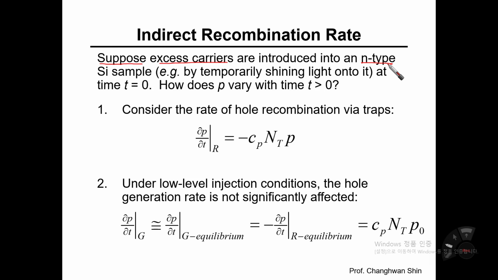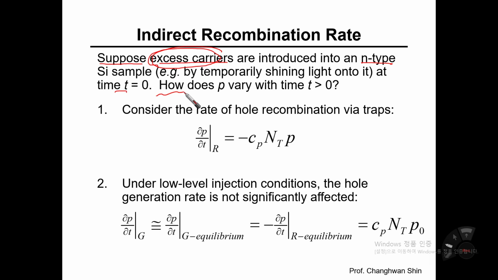So you may guess and estimate quantitatively the total number of electrons and holes at thermal equilibrium. But herein, excess carriers, right? Not its own, but excess carriers out of the n-type silicon material have been introduced, in other words, injected into this n-type silicon material at time t of 0.